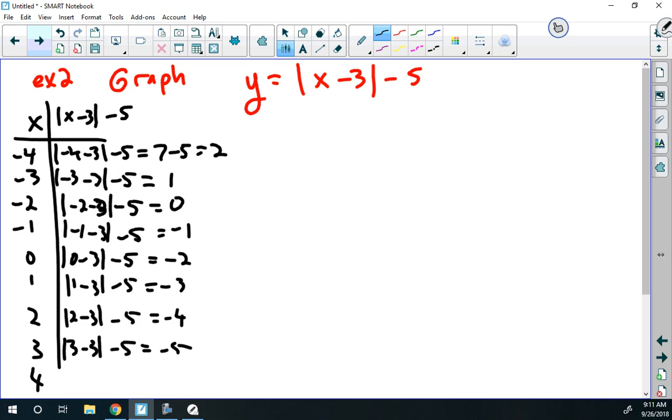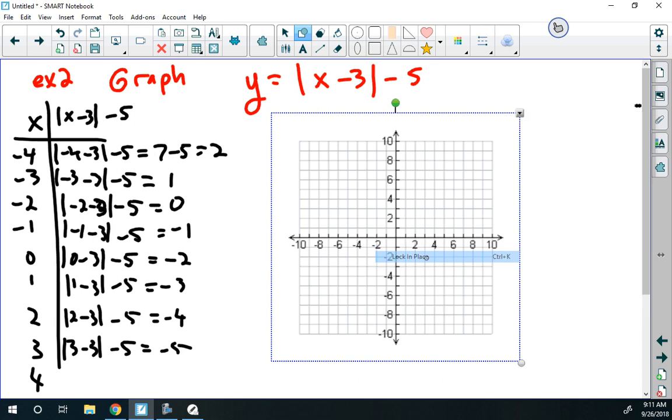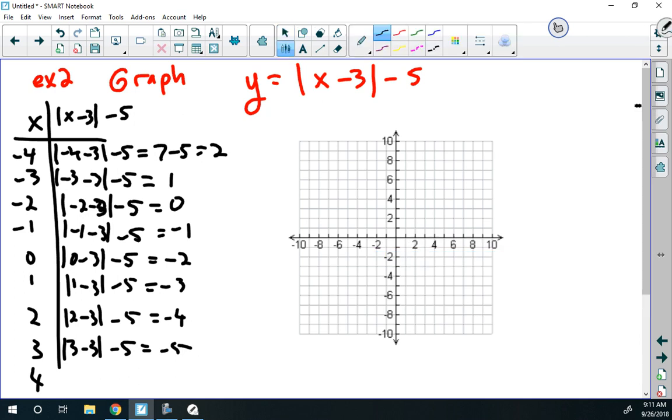Did you know it? Holy moly. This table method's a lot of work. So negative 4, 2. Negative 3, 1.